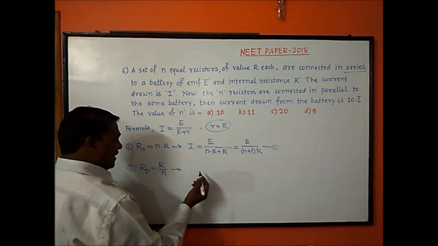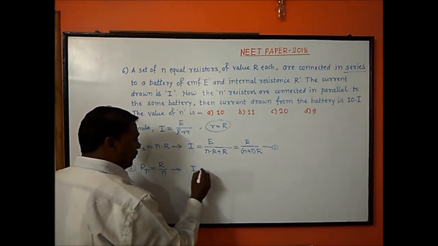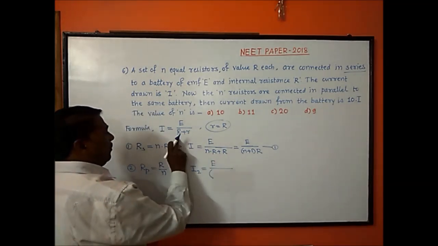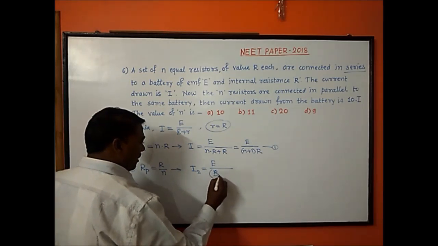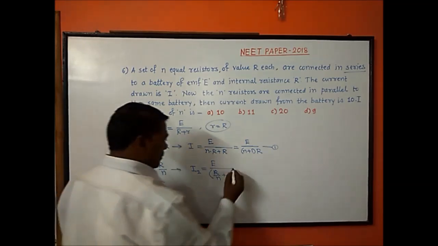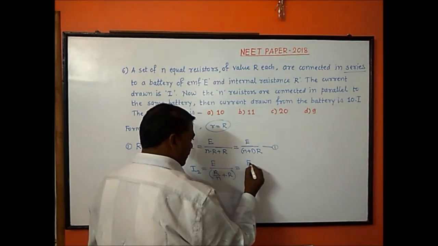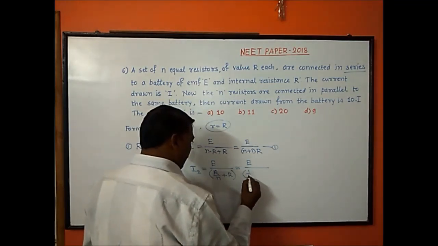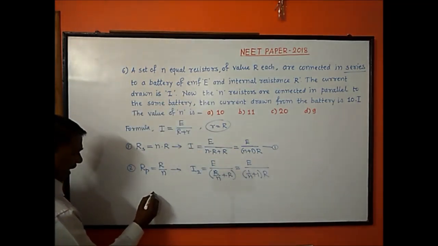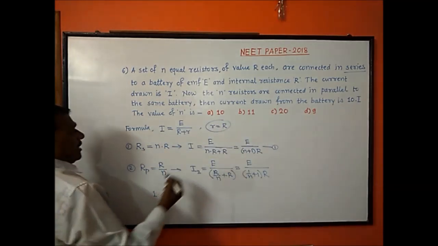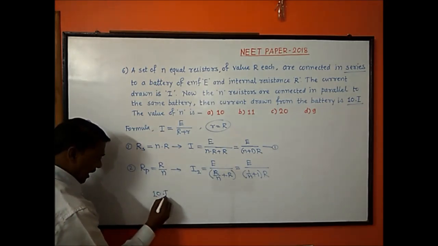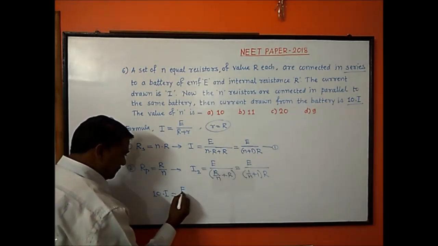So in the second case, I2 is equal to E upon R by n plus the internal resistance, again R. Taking R common, 1 upon n plus 1 into R. Now I2, the current in the second case, is given as 10I. So 10I is equal to E as it is.